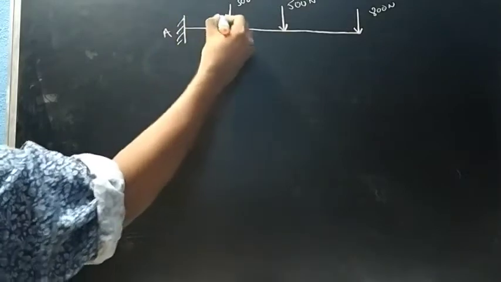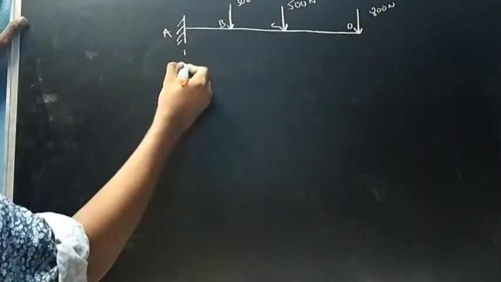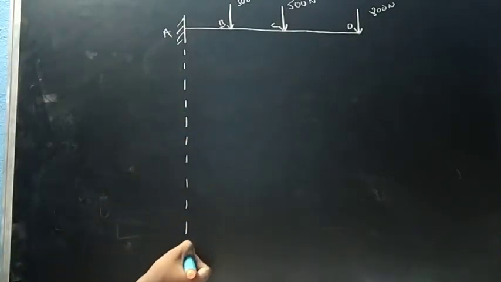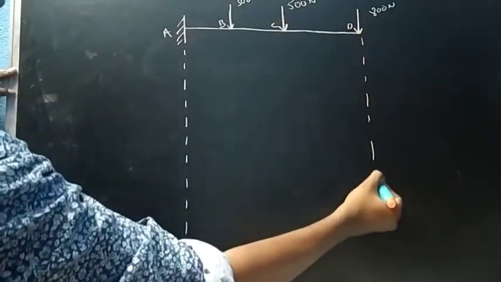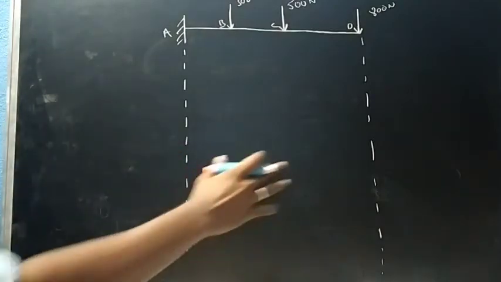This is A, B, C and D. Extend the reference lines. Okay, if it is not straight, please ignore.